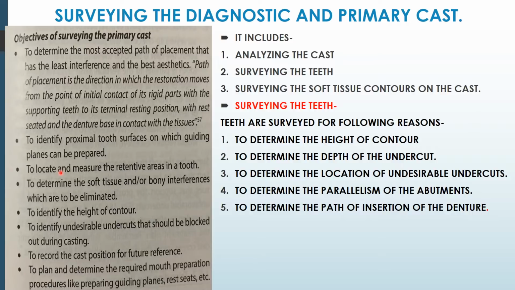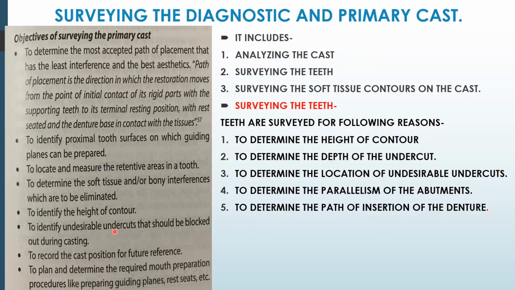Then the next is to determine the soft tissue and or bony interference which is to be eliminated. So you're determining the soft tissue or bony interference which we do not require to be fabricated in a denture. The next is to identify the height of contour. Height of contour, as we have seen, is the bulkiness of the tooth. Then the next is to identify the undesirable undercuts that should be blocked out during casting.